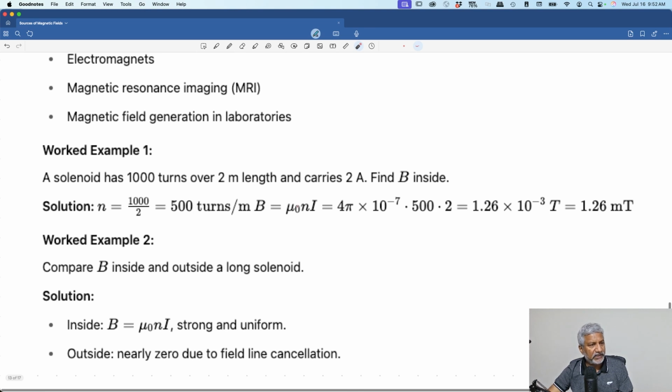So here is an example worked out. You can see that it's only 1.26 millitesla with that, and only 1000 turns. Okay. Compare B inside and outside. What's the B outside along the solenoid? Nothing.